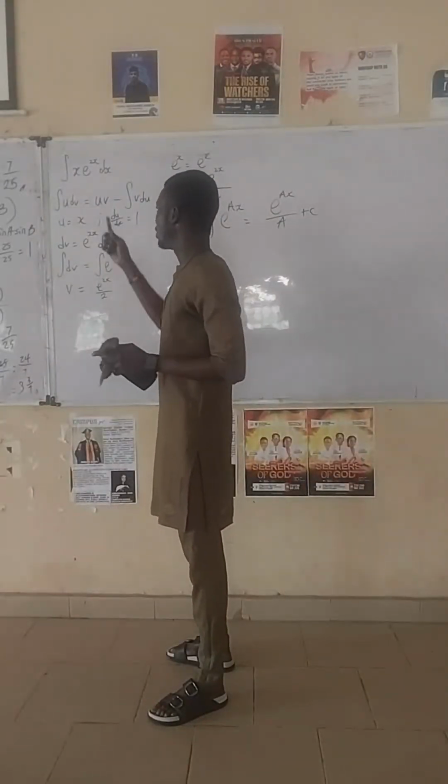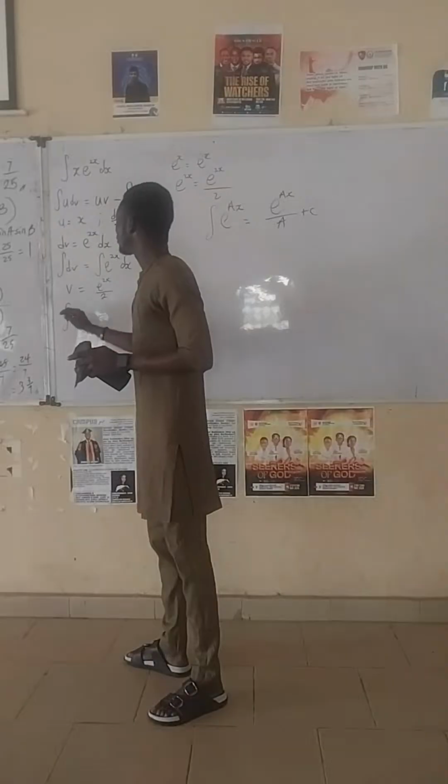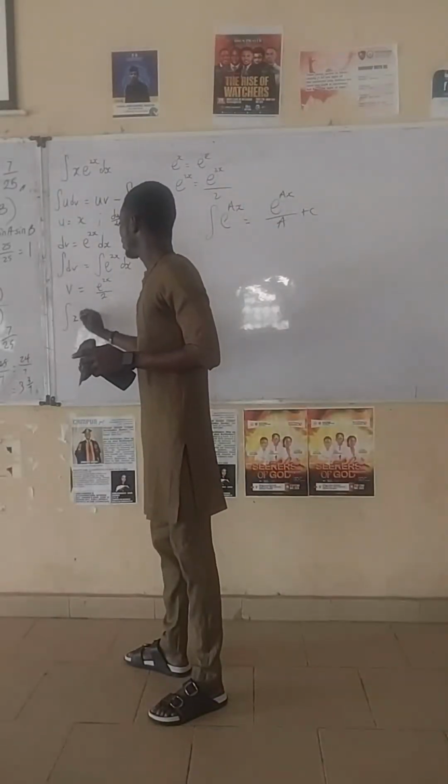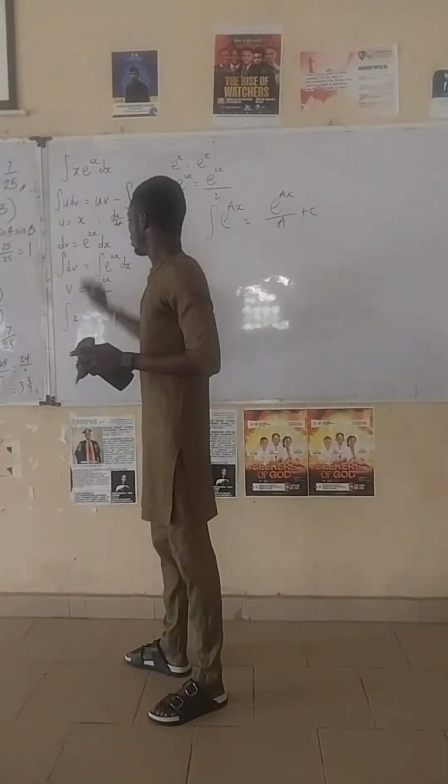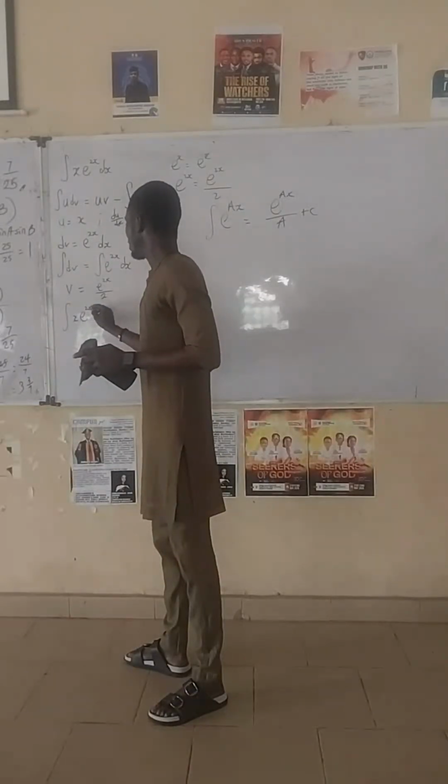Now, if we continue with this, we have the integral of x exponential 2x dx, where u is x and dv is exponential 2x dx.